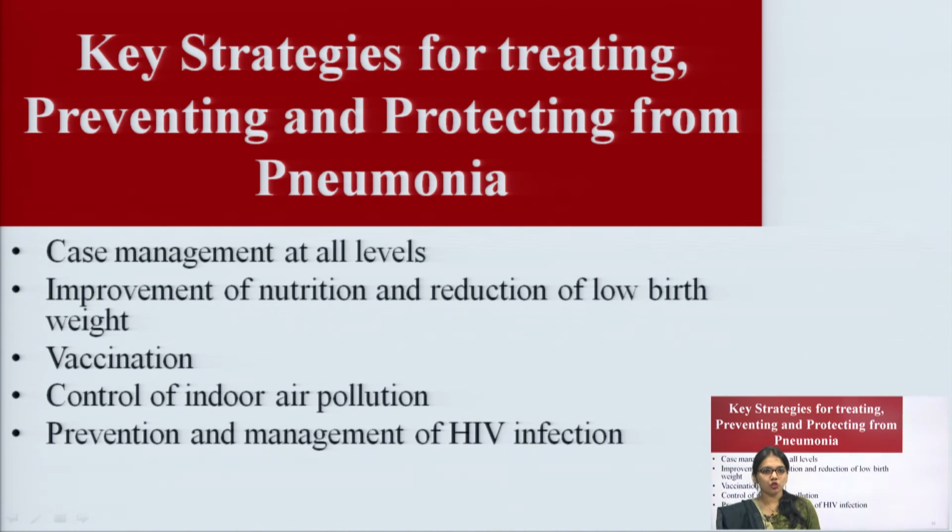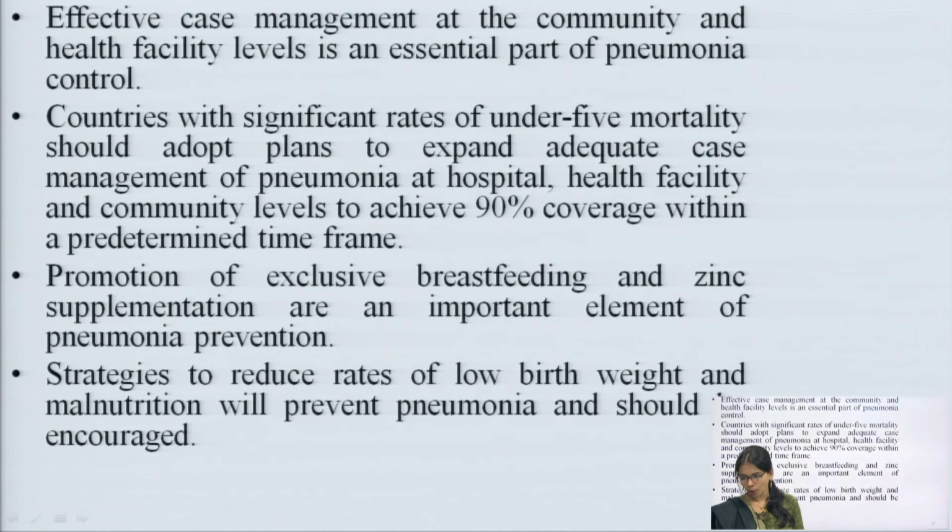Now, control of indoor air pollution and vaccination: as I told you, get vaccinated. Each and every person must be vaccinated in a proper way. Now, effective case management at the community and health facility level is an essential part of pneumonia control.